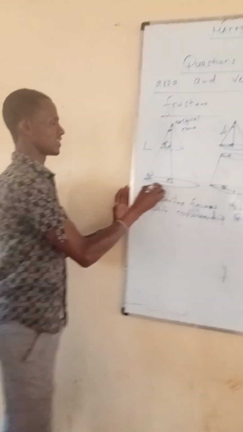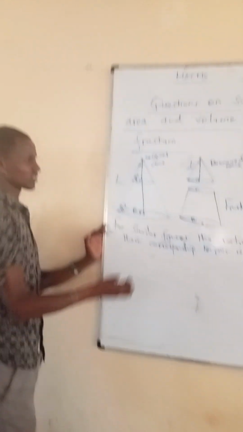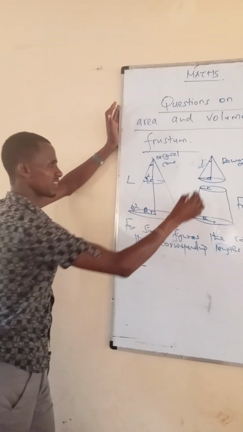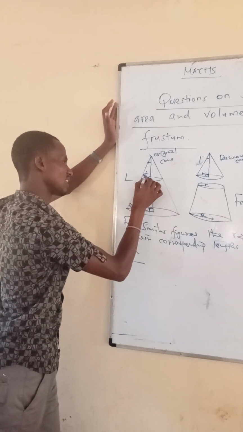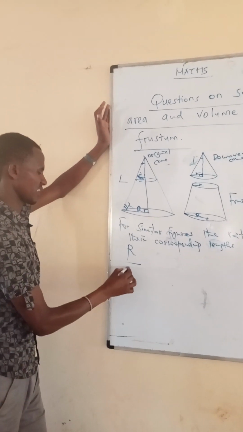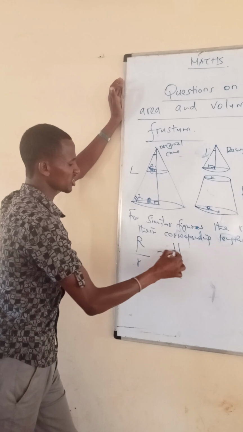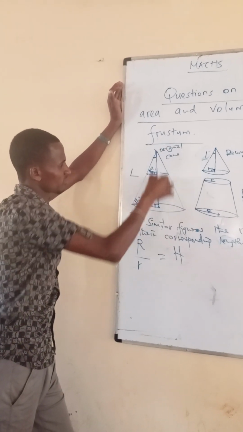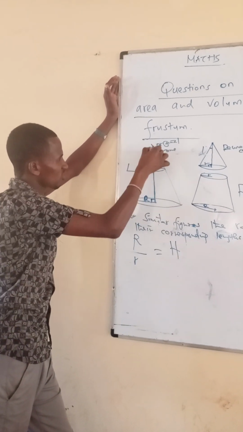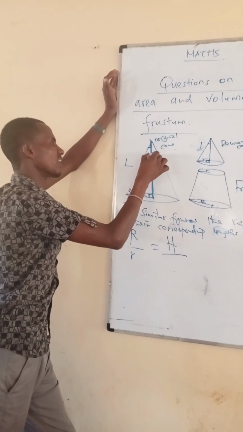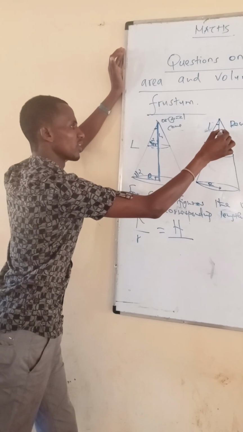So that means the radius of the bigger cone divided by the radius of the smaller cone is equal to the perpendicular height of the original cone, the whole cone, divided by the height of the smaller cone.